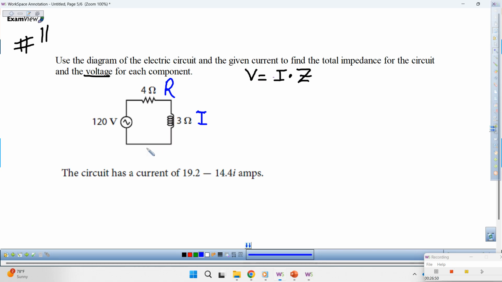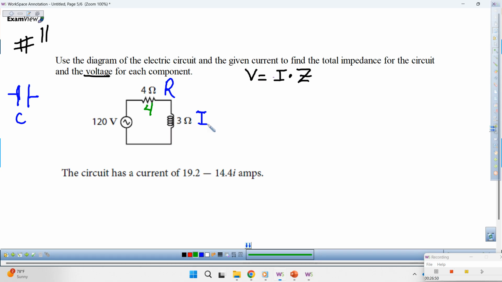And by the way, which one are we missing? We're missing one that looks like this. Look up. That one's called the capacitor. You guys remember that? But this one doesn't have it, so we're not going to worry about it. We're only worrying about these two. So, with that said, this is 4 ohms.